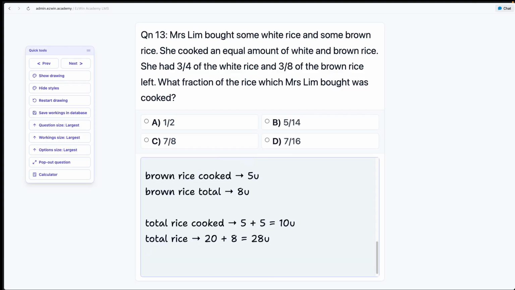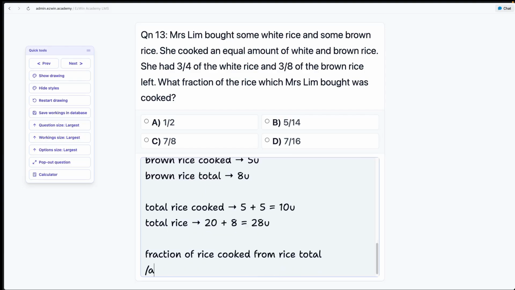So now we must put the fraction of rice cooked from rice total, which is basically 10 over 28. But we need to simplify this. So we can just divide this by 2. So we can just put 10 divided by 2 out of 28 divided by 2. And this will give us 5 over 14.